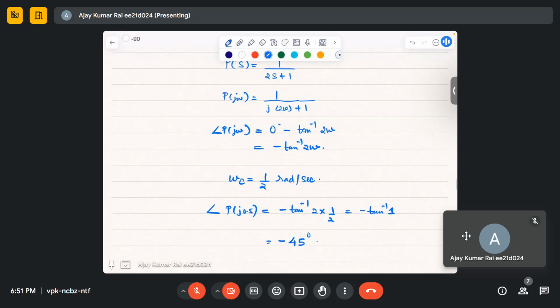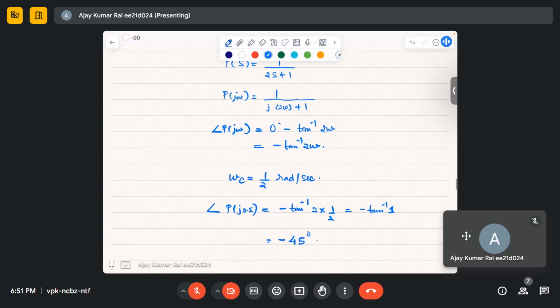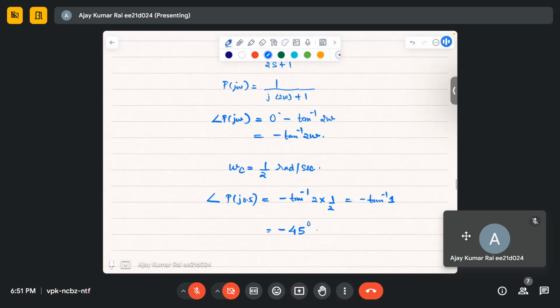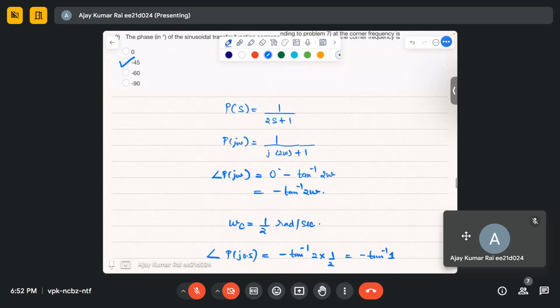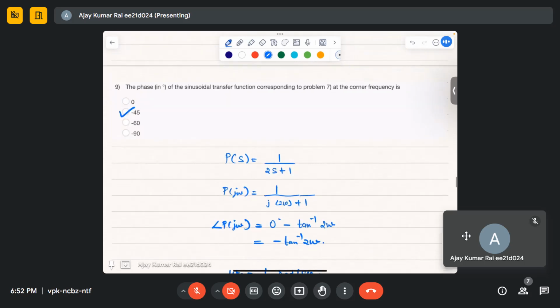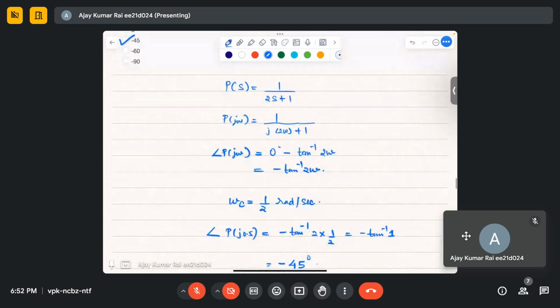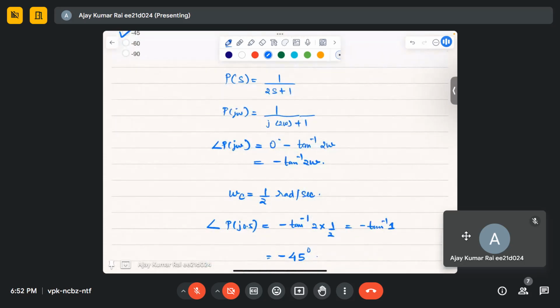So the phase is minus tan inverse of 2 omega, and at corner frequency 1 by 2, we get minus tan inverse of 1, which is minus 45 degree. Very simple. So the answer is minus 45 degree. Any doubt in this question?